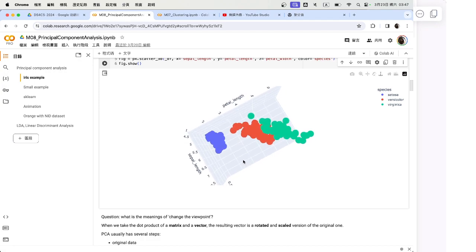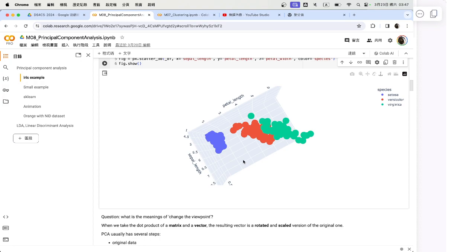So when we perform principal component analysis, it's very similar to rotating the viewpoint in order to get a better angle to observe the data.